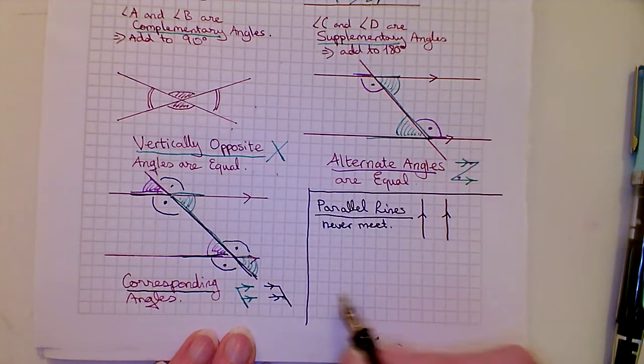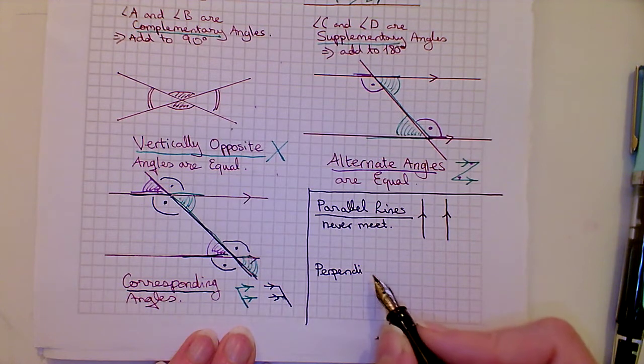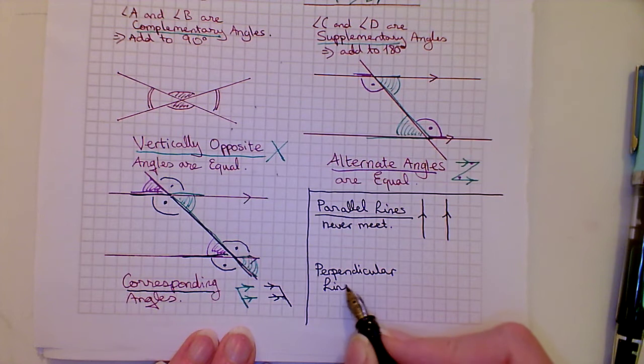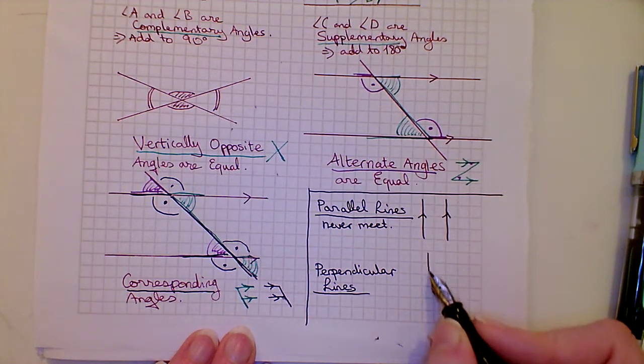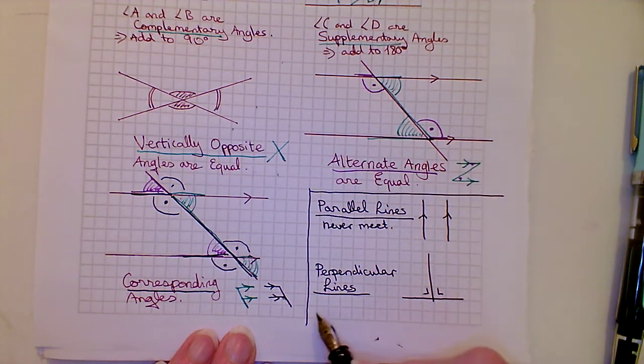And perpendicular lines are considered to be the opposite of parallel. Perpendicular lines, badly drawn, make 90-degree angles. Make a 90-degree angle.